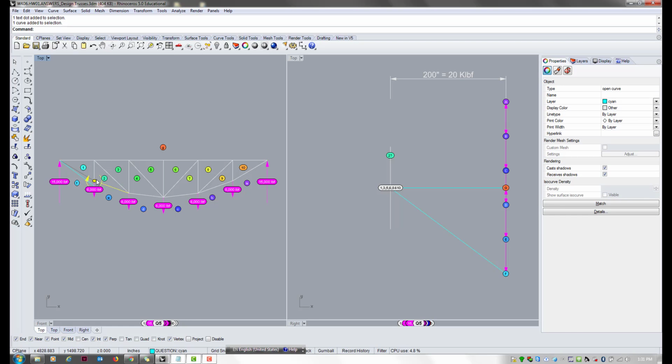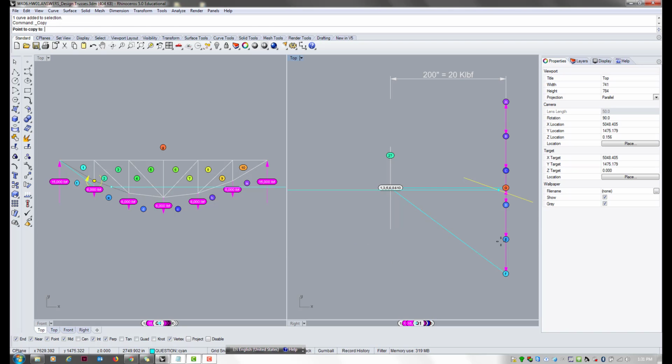Next diagonal one, which is 2E, so it should pass through point E, and on this diagonal line somewhere there's also a point 2.